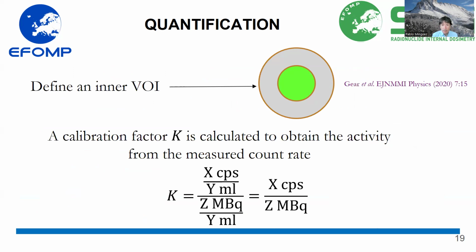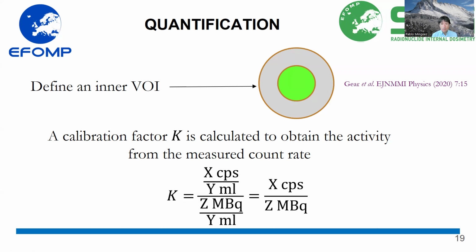We will draw an inner volume of interest, which is this green volume of interest. In this case, the activity is uniformly distributed in the cylinder, but we will define an inner volume of interest to decrease the partial volume effect, because in this case there will be a compensation between the spill in and spill out counts.